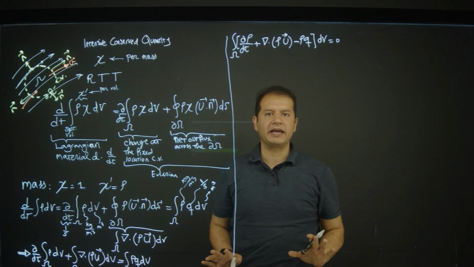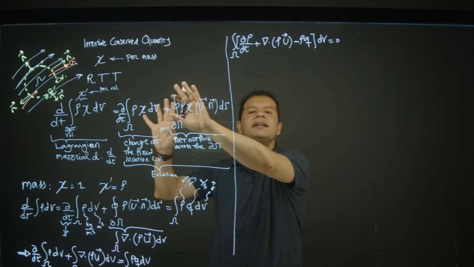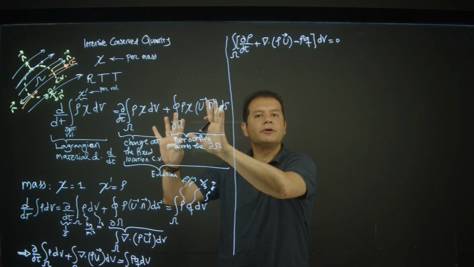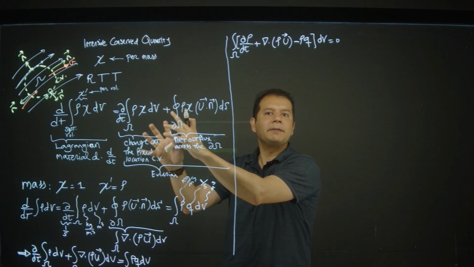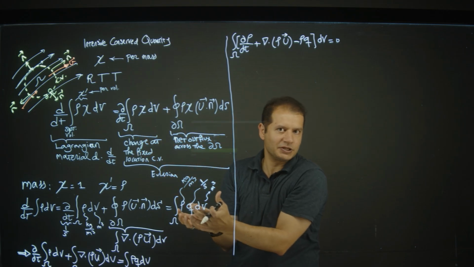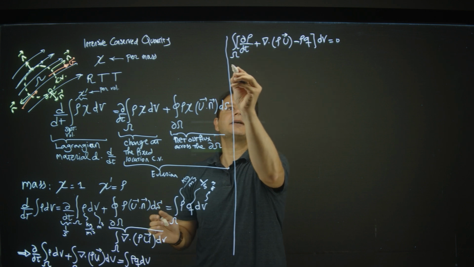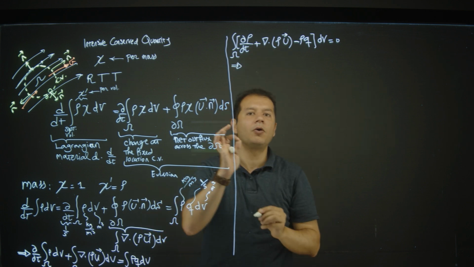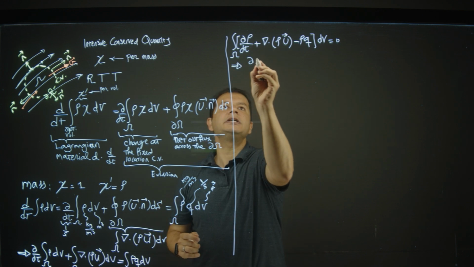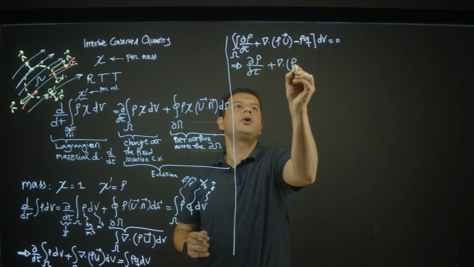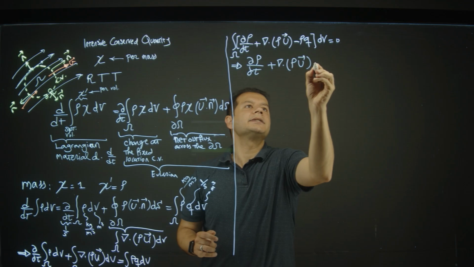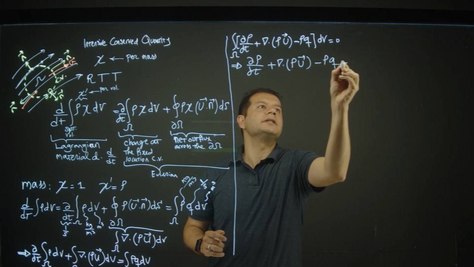There is no other way, because if it had positive and negative values with a zero sum, you could refine your omega to encapsulate only the positive side, and then it would no longer be 0. So mathematically this holds only if d rho/dt plus divergence of rho u minus rho Q is 0.